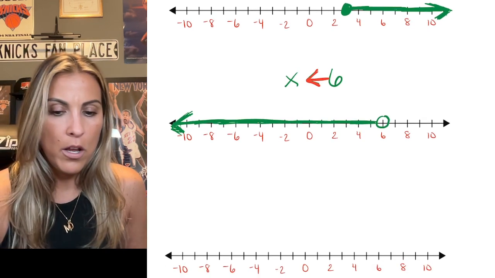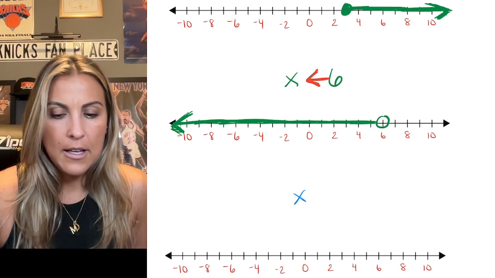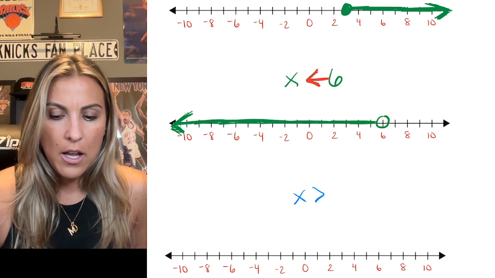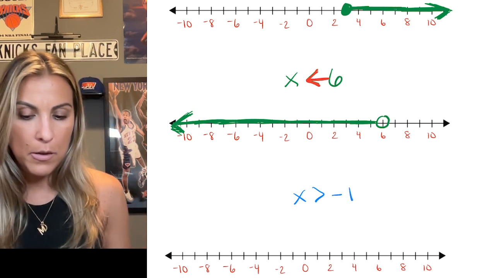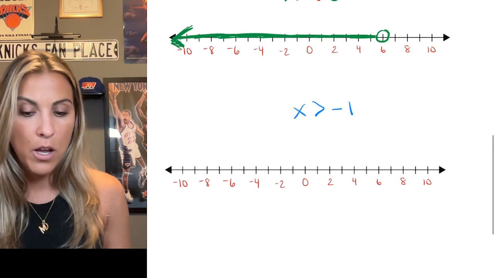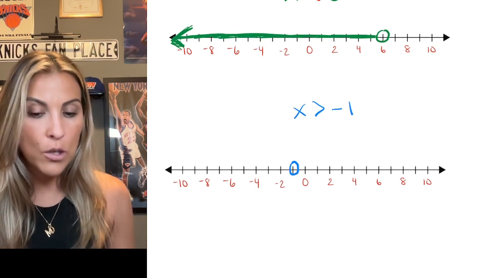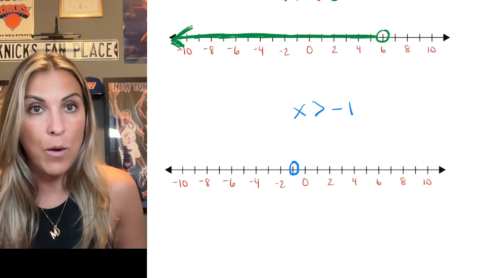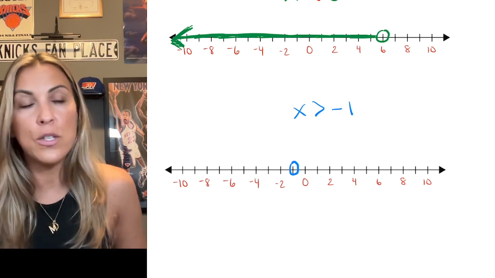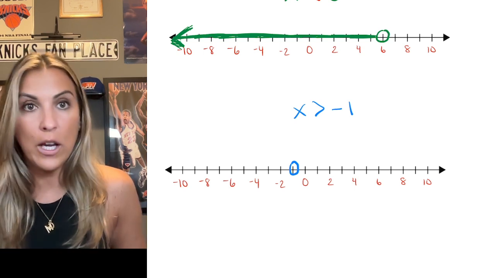Let's do one more. So if I had x is greater than -1. All right, so -1 is going to be in between 0 and -2. And I'm going to put an open circle there because that inequality does not have that underline under the inequality sign. So it's not or equal to -1, it's just greater than -1.